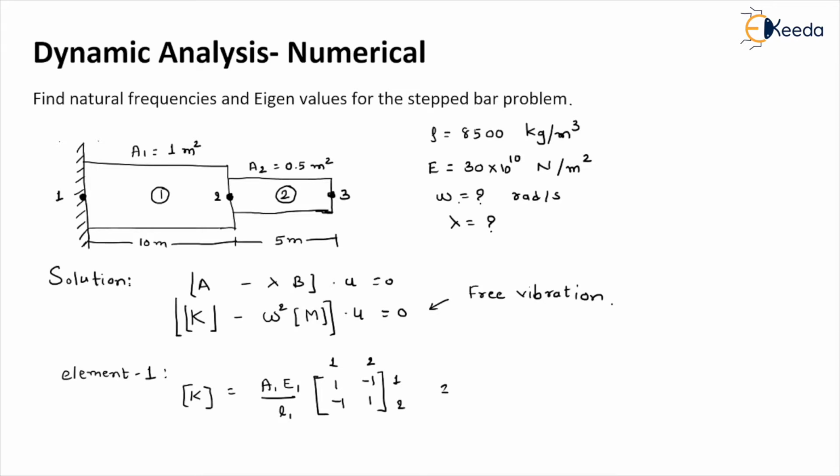Now if we put the values, we have area equal to 1 meter square, modulus of elasticity 30 into 10 raised to 10, divided by L which is 10 meter.